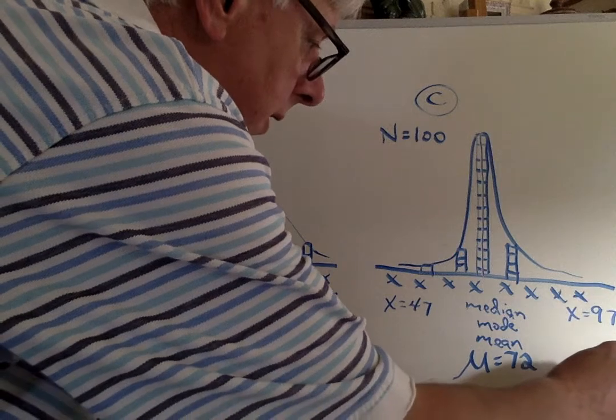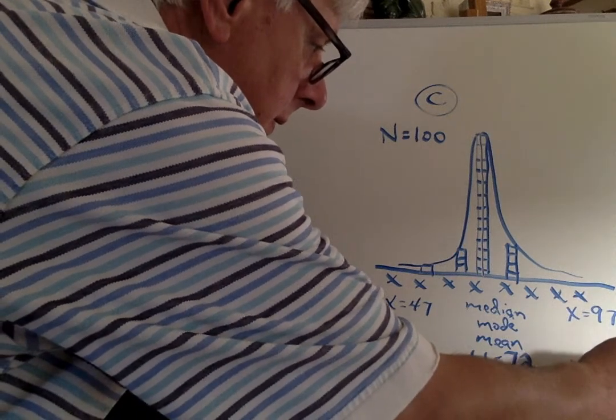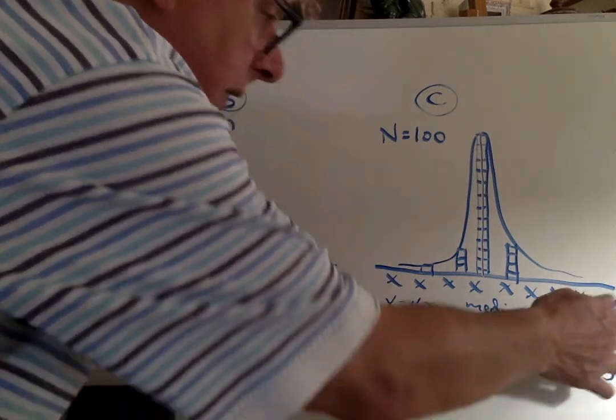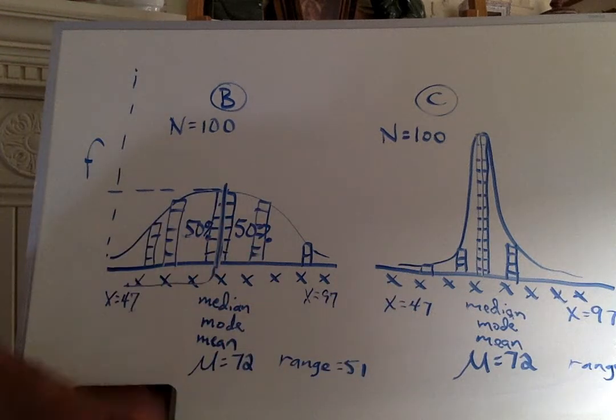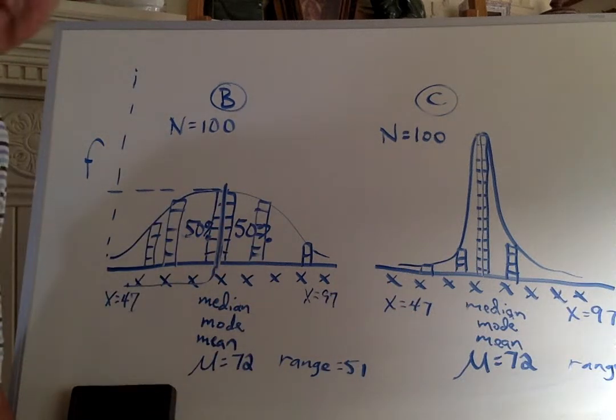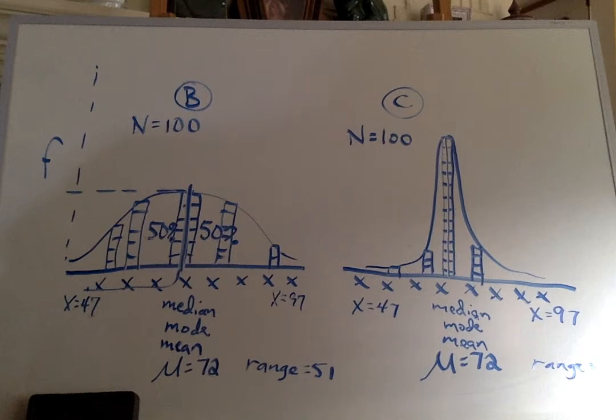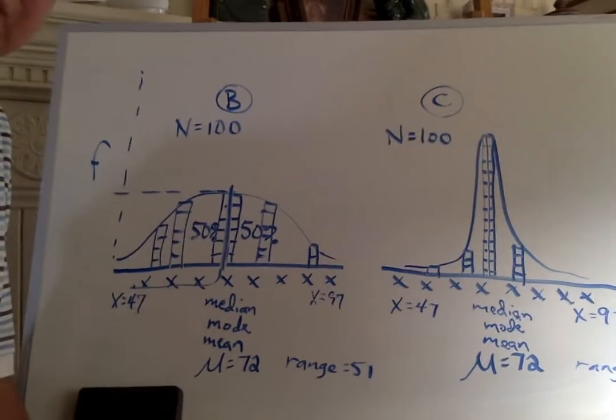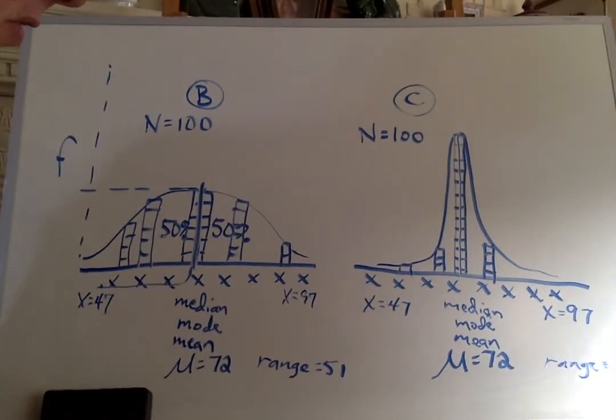Likewise, the range here would be 51. If we go from 97 to 47, we add 1. Range is 51. Okay? So we have two different distributions here.